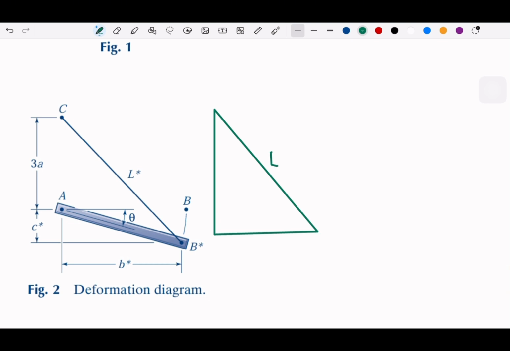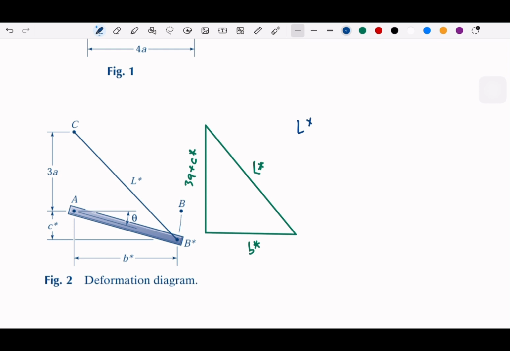This is L asterisk, this is B asterisk, and this is 3A plus C.